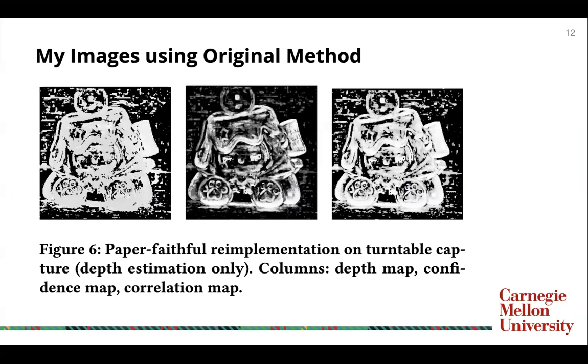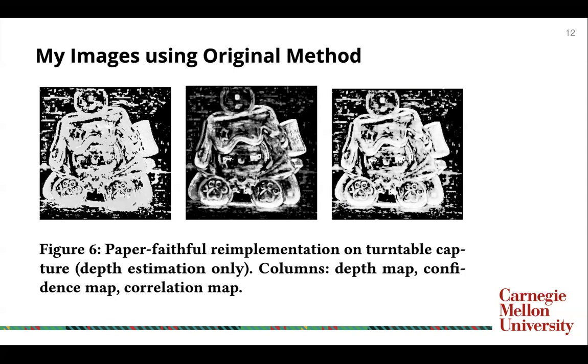One interesting observation is that the original pipeline can produce very strong per-view depth, confidence, and correlation maps on real data. But it takes roughly an hour per reference view, and so for the full 54 view sequence, running all the depth maps and TSDF fusion becomes impractical, which directly motivates a simplified pipeline for real captures.